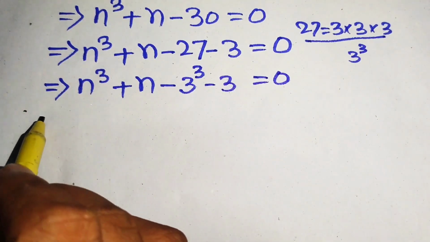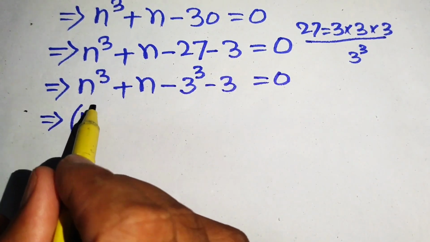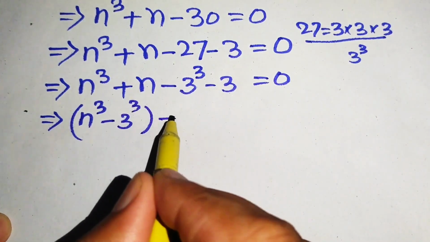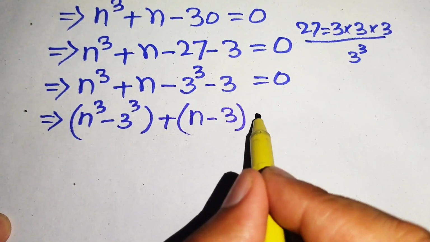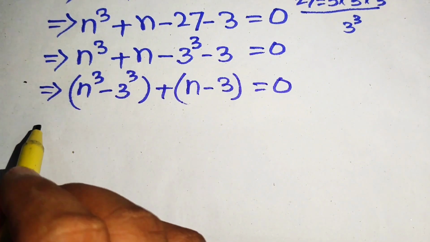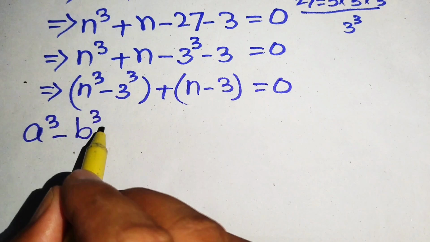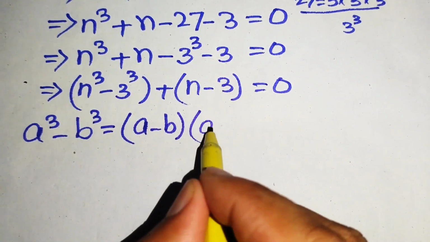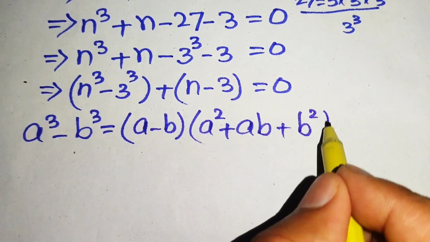And after that we make the pair of cubic terms and the simple terms as well. So the first cubic term is n cubed, the second cubic term is 3 cubed, and plus we have the term other than cube, n minus 3 equals 0. And after that we use the nice cubic formula, and you know about this formula. If we have a cubed plus b cubed, it equals a plus b times a square minus ab plus b square.